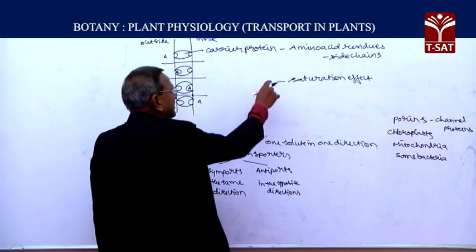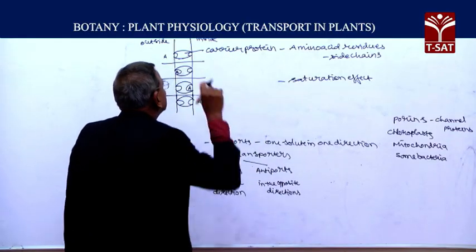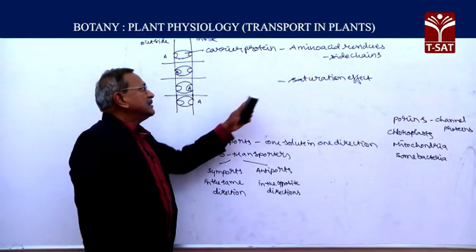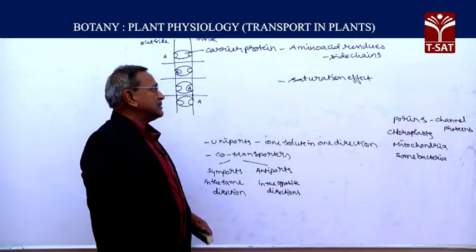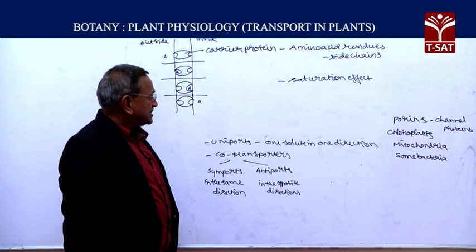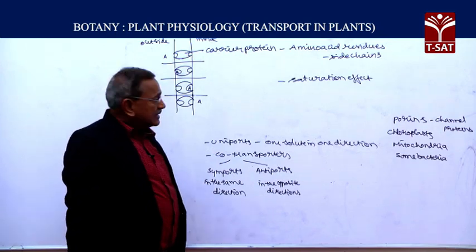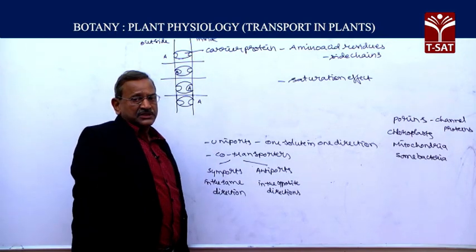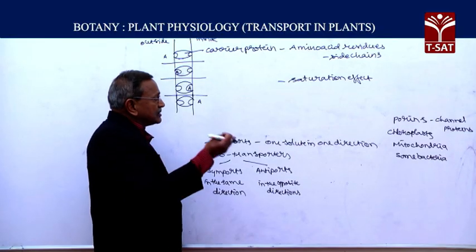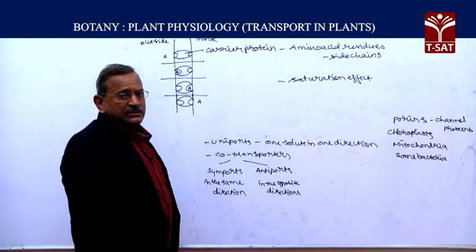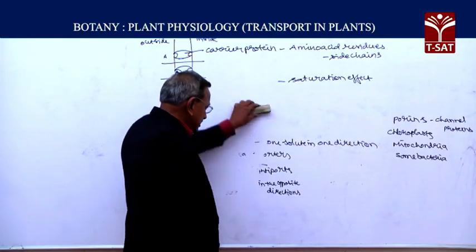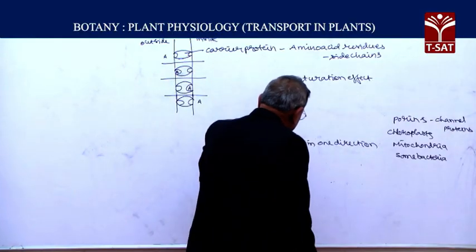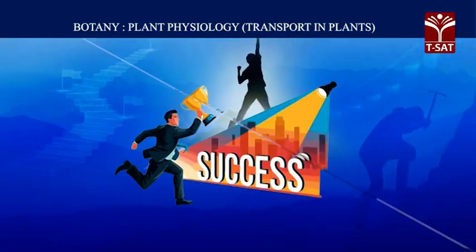So saturation effect will be there in case of facilitated diffusion, and there will be effect of inhibitors also in case of facilitated diffusion. As far as simple diffusion is concerned, there is no saturation effect and also there is no inhibition by inhibitors. Now let us consider active transport.